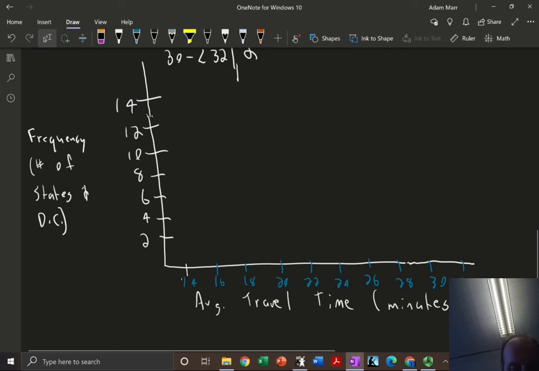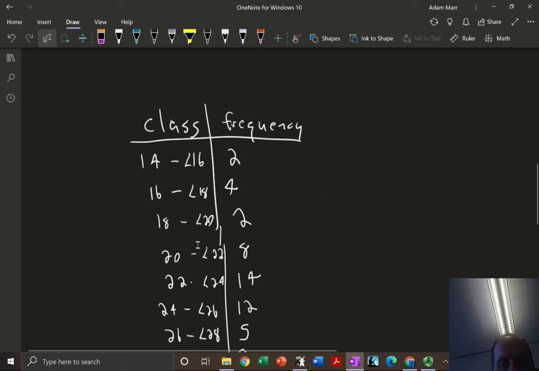So right here, 2, and then we had up to 4, let me try to draw a better line there, sorry. Got to improve my artistic abilities. 4, and then back down to 2. Next, starting at 20 and 22, we have 8, 14, and 12.